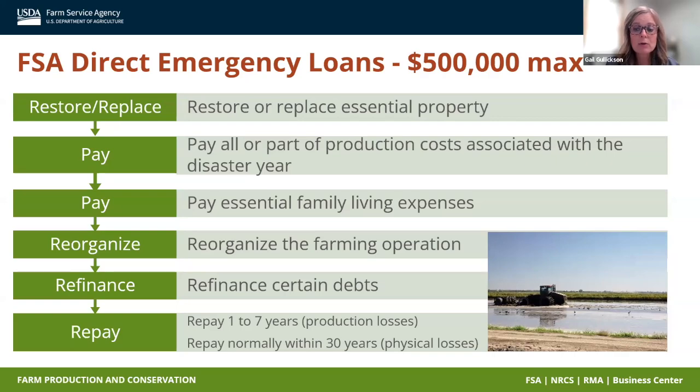These loans help producers who suffer qualifying farm-related losses, and those can be production loss or physical loss, directly caused by the disaster in a county declared or designated as a primary disaster or quarantine area. Also, farmers located in counties that are contiguous, what we would call right next to the declared, designated, or quarantine area, may qualify for emergency loans as well.